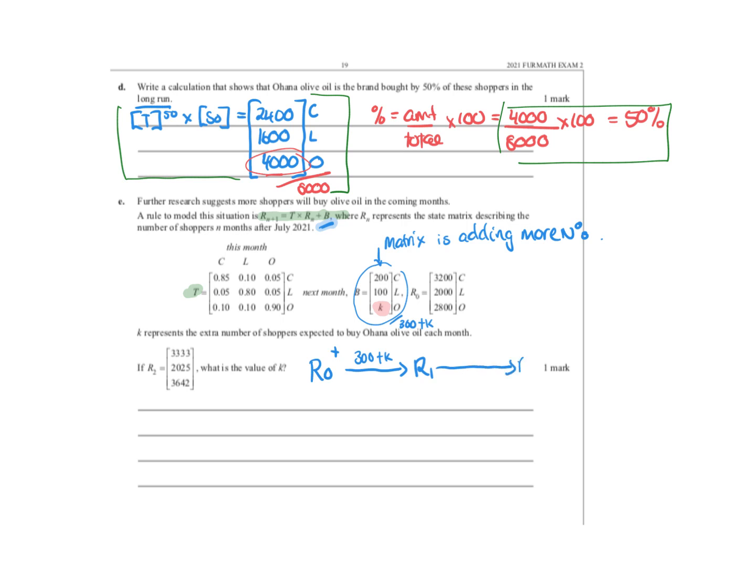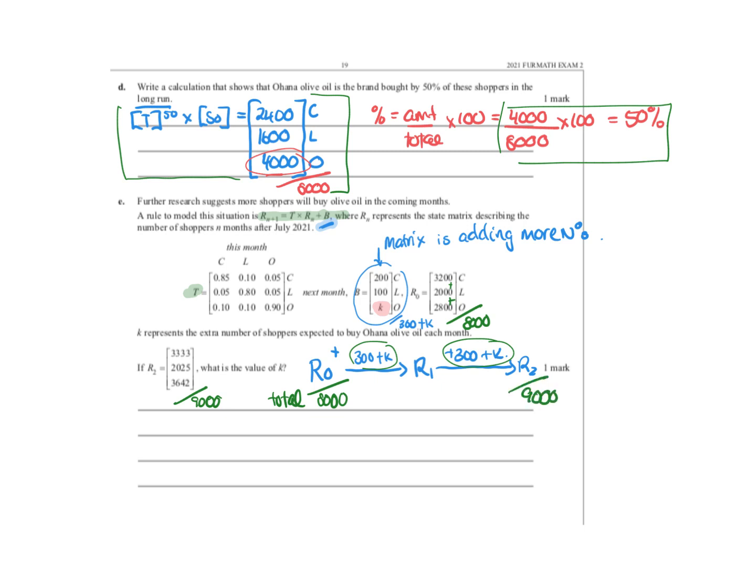And then when we go to R2, we're also adding another 300 because we add that B again, plus another K. So originally our total at R0 was 8,000 when you add those numbers up. And then after we've done two moving states, remember we're adding extra, we get up to this, which is 9,000.